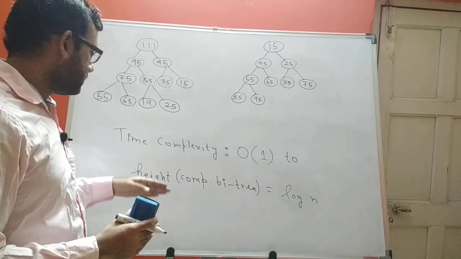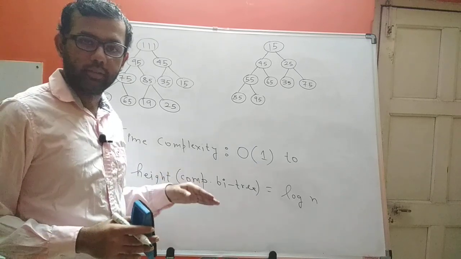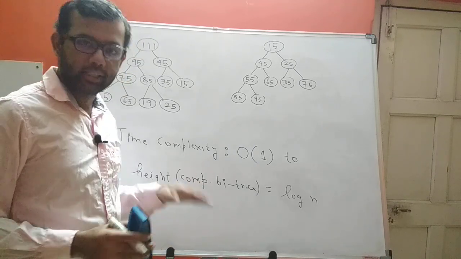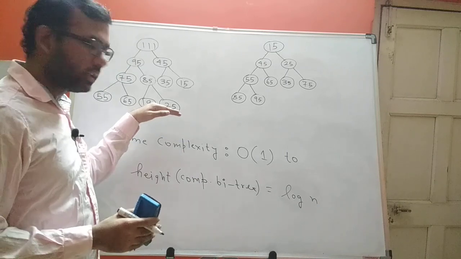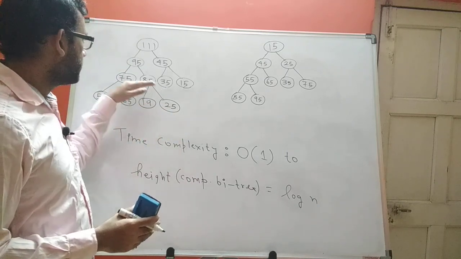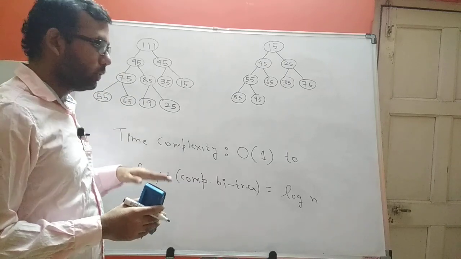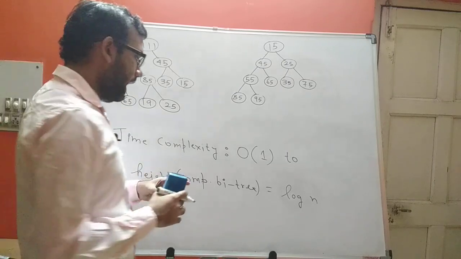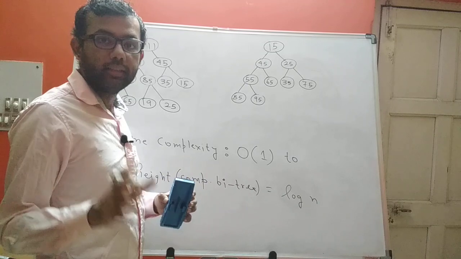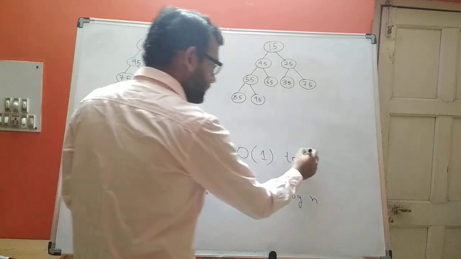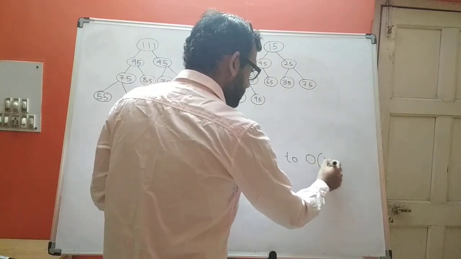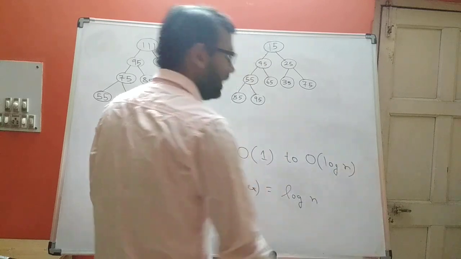Remember this, okay? So maximum number of swaps that is required in the worst case is when you would insert a new node and that would be swapped till the point you reach the root. So in such case, you would require maximum number of swaps, and that would be same as the height of the tree. So in the worst case, you would require a time of log n.